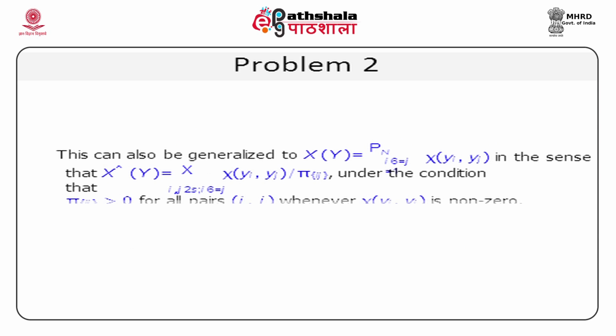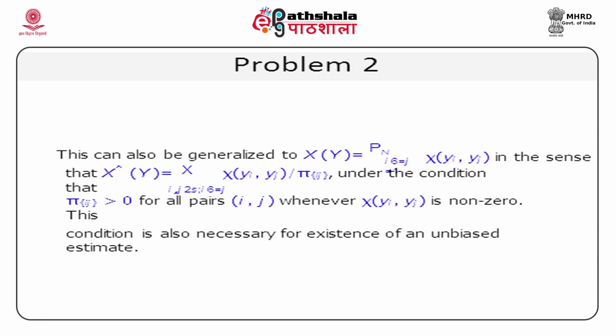Next. This can also be generalized to chi of y, which equals the sum over all i unequal to j of chi of y_i, y_j, in the sense that chi hat of y is equal to the sum over all sampled units i not equal to j of chi of y_i, y_j divided by pi_ij, under the condition that pi_ij's are positive for all pairs ij whenever chi of y_i, y_j is non-zero.